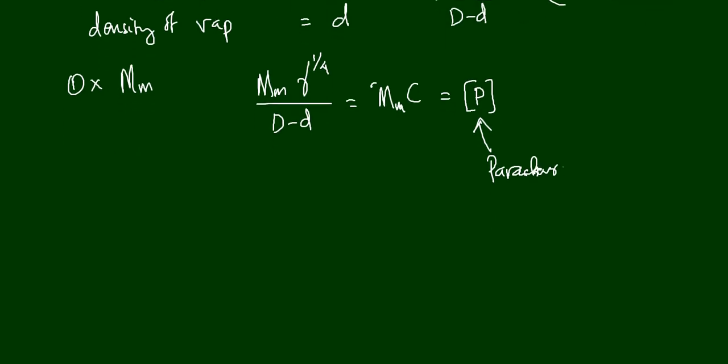And why are we introducing this term parachor? We are introducing this term because the parachor is more useful than the molar volume, that is Vm, in deciding between two alternative structures of a compound.